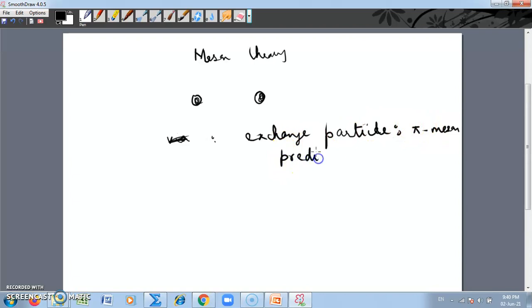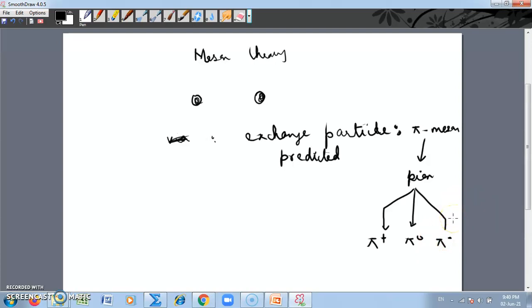This was his theory. He made a theoretical prediction, but later on it was found that yes, a pi meson actually exists, and it was discovered. There are three types of pions: pi plus, which is a positively charged pion; pi neutral, which is a neutral pion; and pi minus, which is a negative pion.